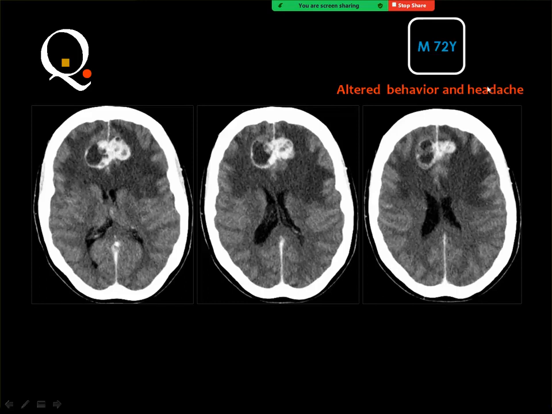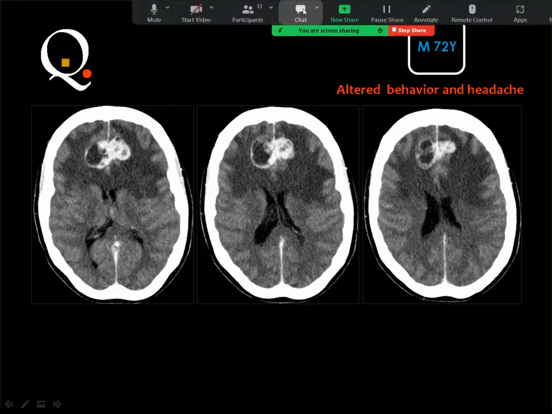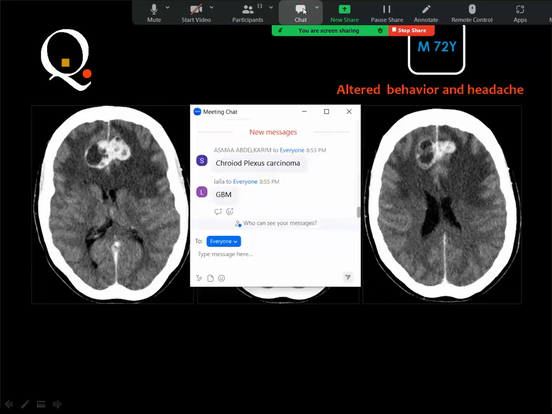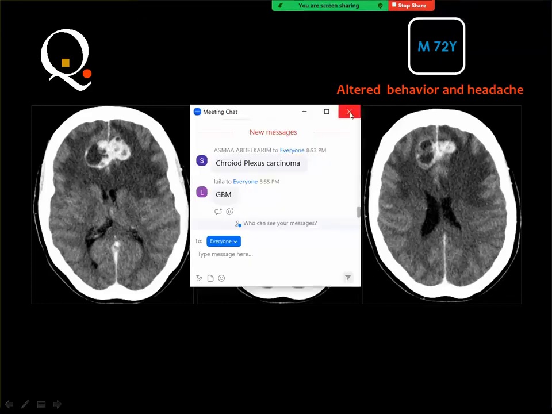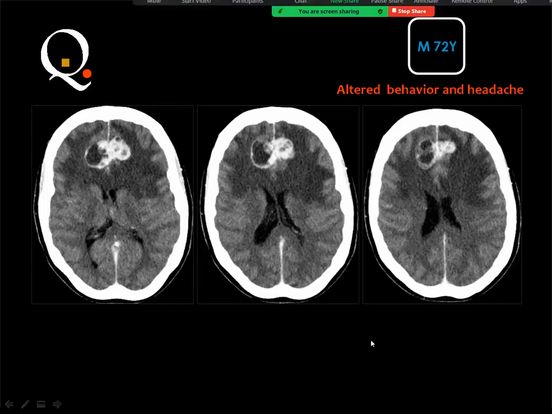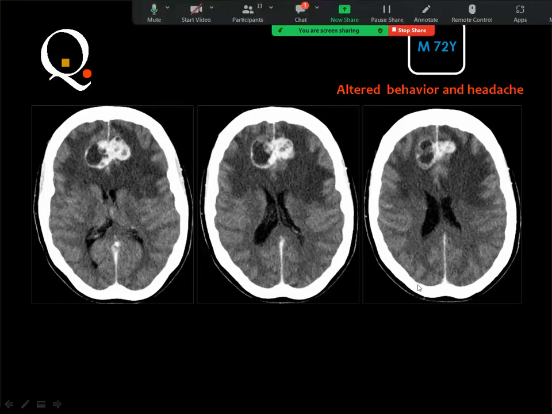This is a male, 72 years old, with headache and abnormal behavior. Yes, and of course, a lesion that is crossing the midline from left to right or centered in both frontal lobes is known as a butterfly lesion.